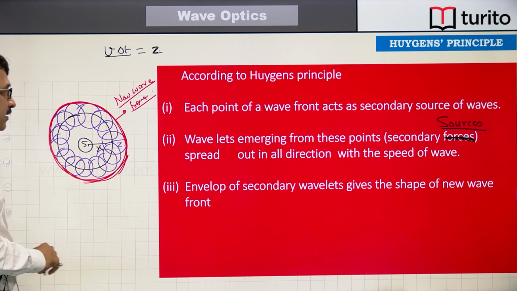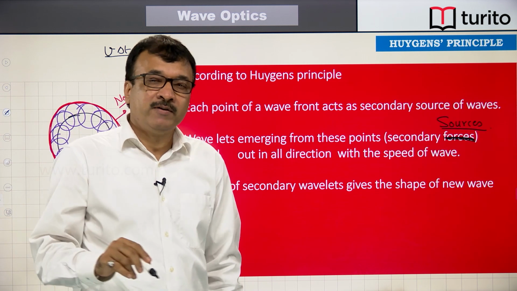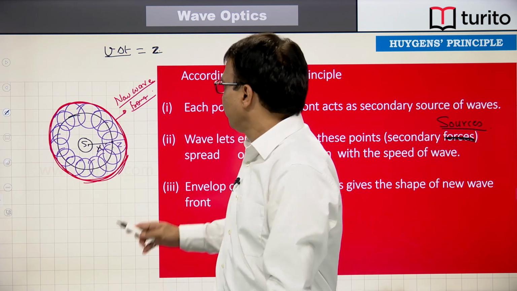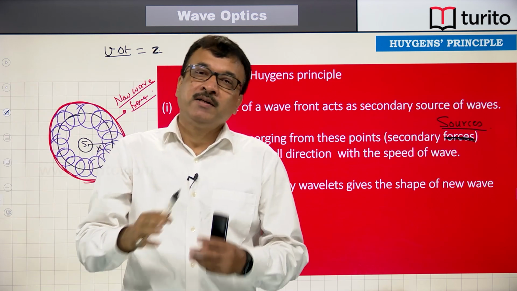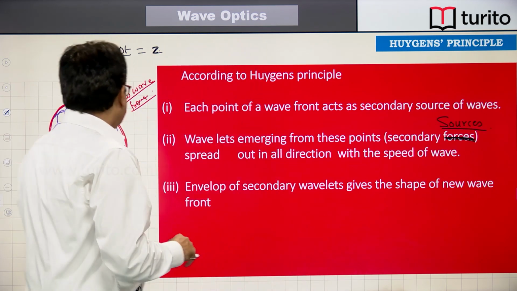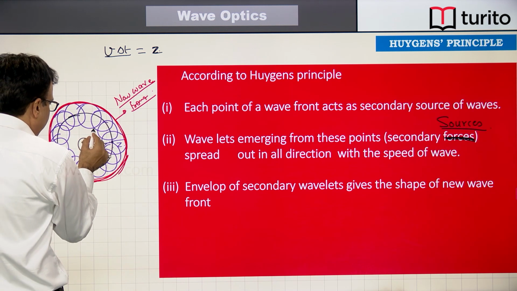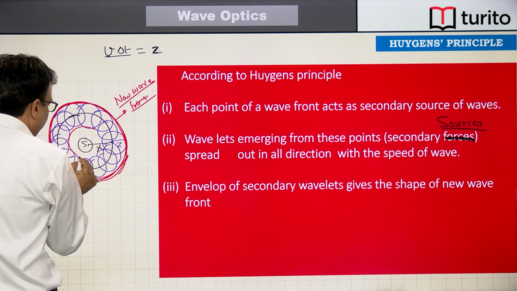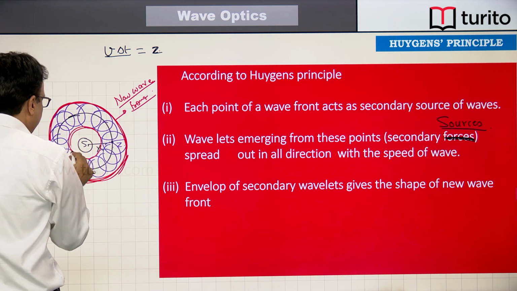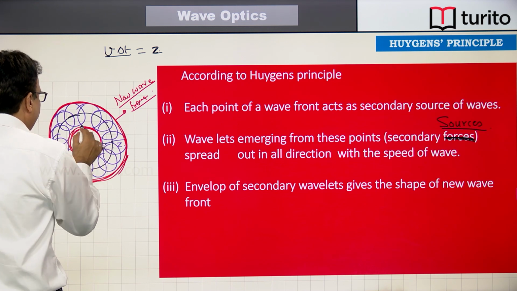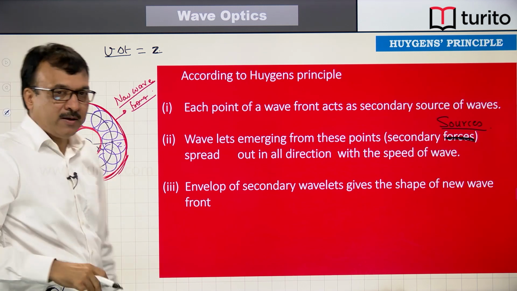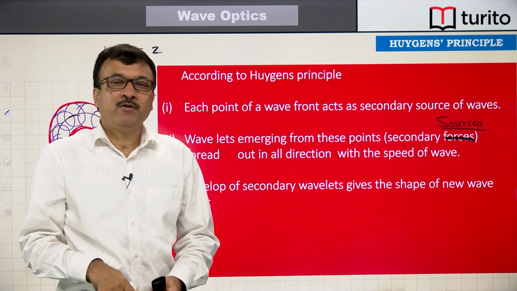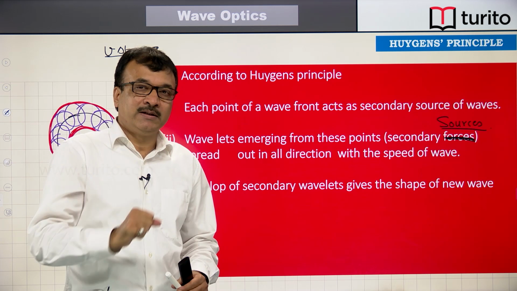Okay. But secondary wavelets, as per the first principle, spread in all possible directions. So there must be another wavefront like this, because this is also an envelope we can say. But according to the fourth point I am just going to present here, the amplitude of secondary wavelets is not the same in all directions.